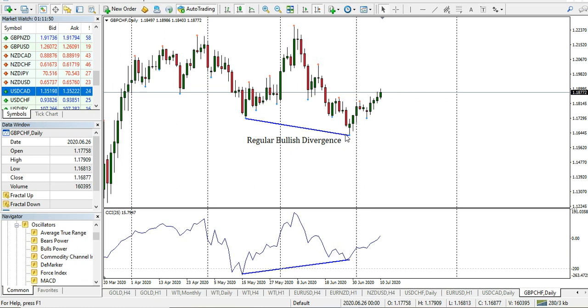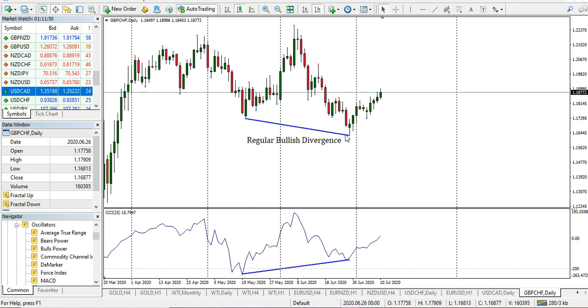Now, when we talk about divergence, you have bullish divergence and you have bearish divergence. Simply put, we already understand the concept of divergence, that momentum and price are moving in opposite directions.